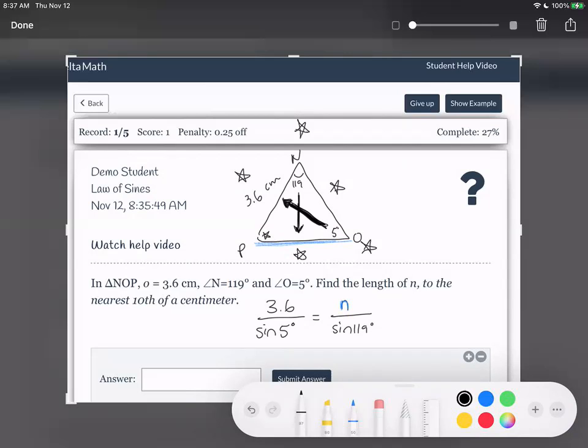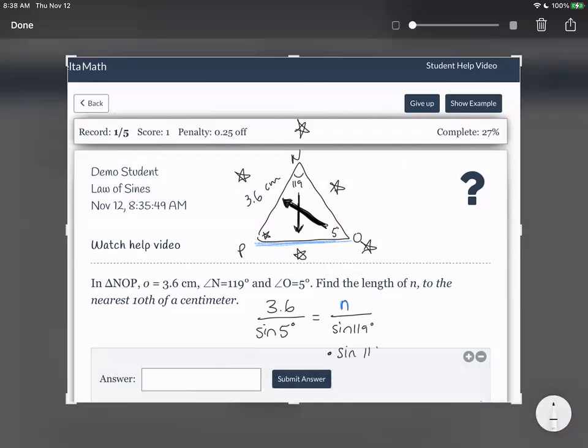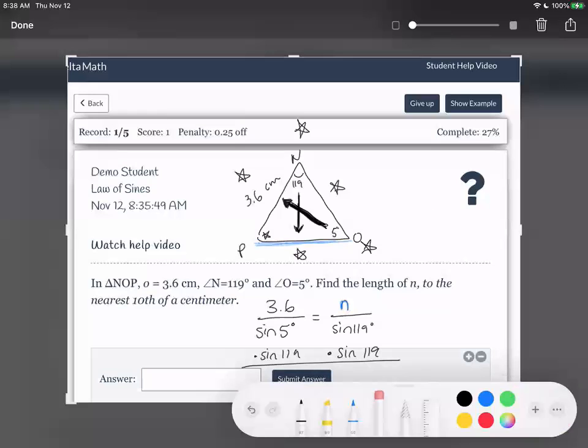Okay, so then to solve this, we're going to just multiply both sides by sine of 119. And let me scoot it down so I have more space.